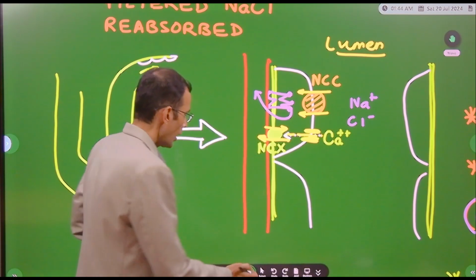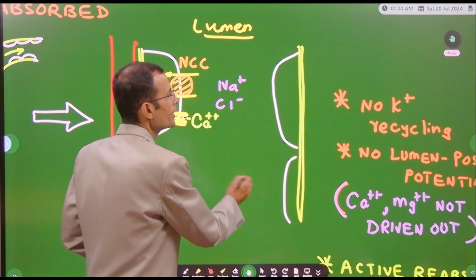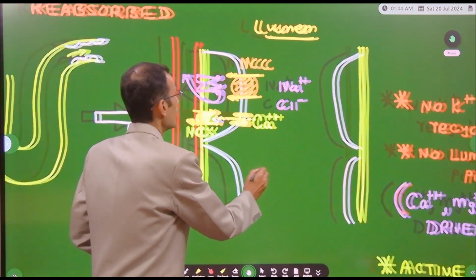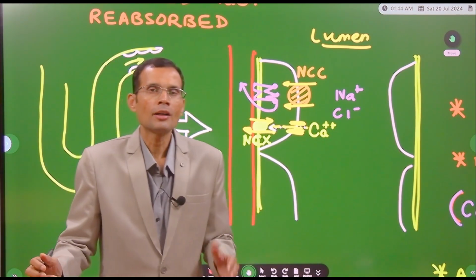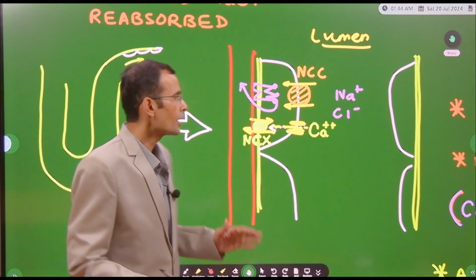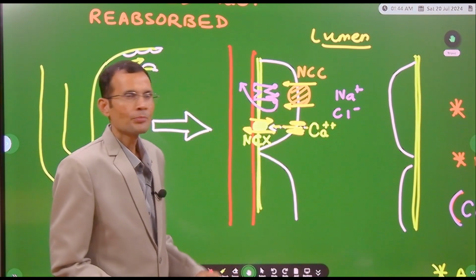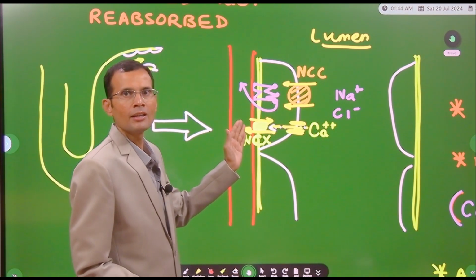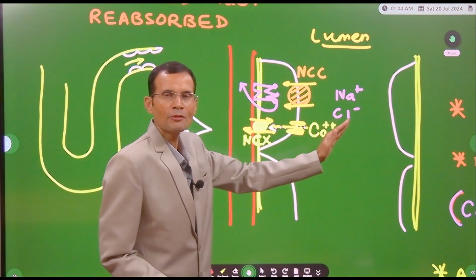Now, how is it different compared to the thick ascending limb? Well, we saw in the case of the thick ascending limb of the loop of Henle, there was potassium recycling. Potassium was entering the cell, but there was a back diffusion.